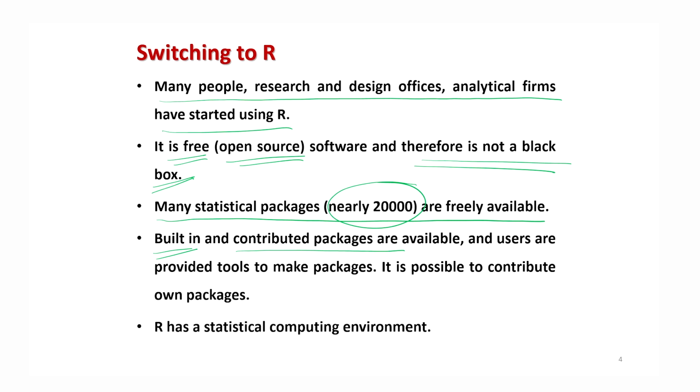So different researchers around the world are contributing to this repository, and that is how more than 20,000 packages are freely available. And you can also contribute your own packages.